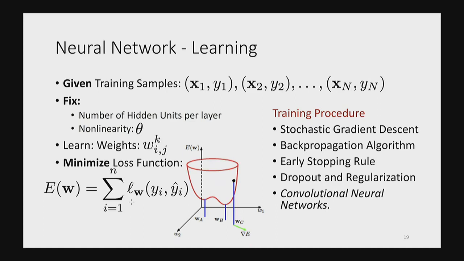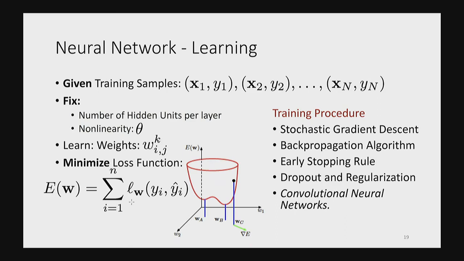So optimization is an important topic for this course. Training a neural network is pretty much just minimizing the errors, and there are a lot of interesting techniques to do that, but we will mostly focus on gradient descent, stochastic gradient descent, and so on.